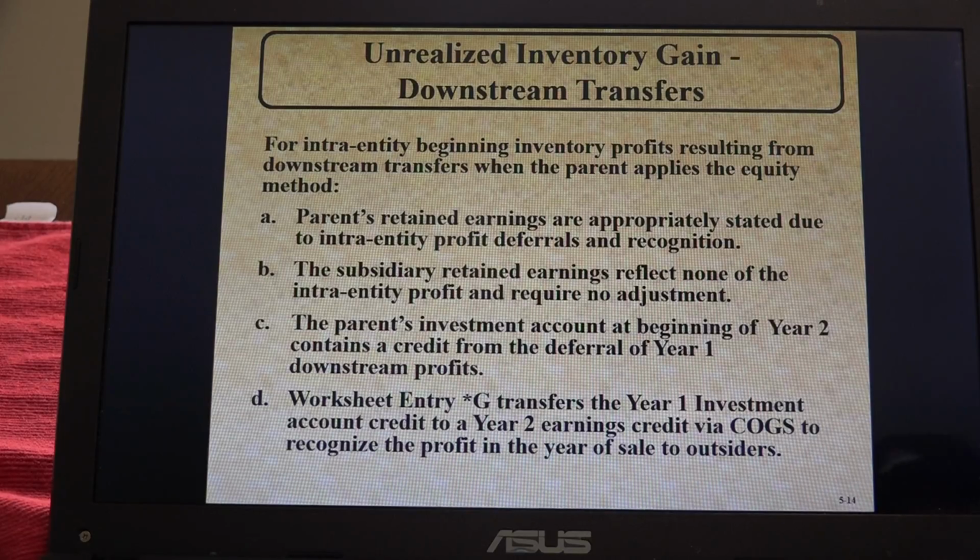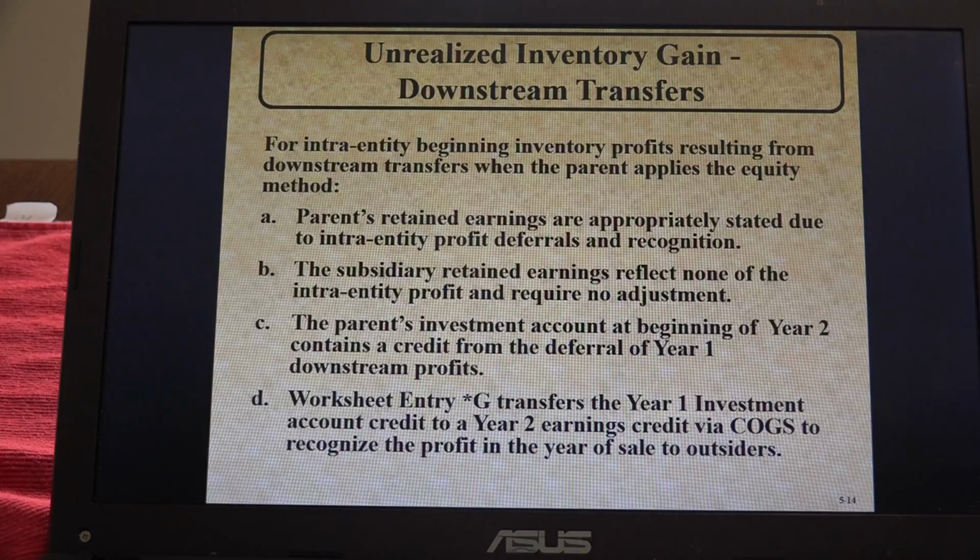So, if you don't really care about the why of why downstream sales of a parent using the equity method use investment in subsidiary instead of retained earnings, just know that you have to debit investment in subsidiary when it's a downstream transfer and the parent uses the equity method.